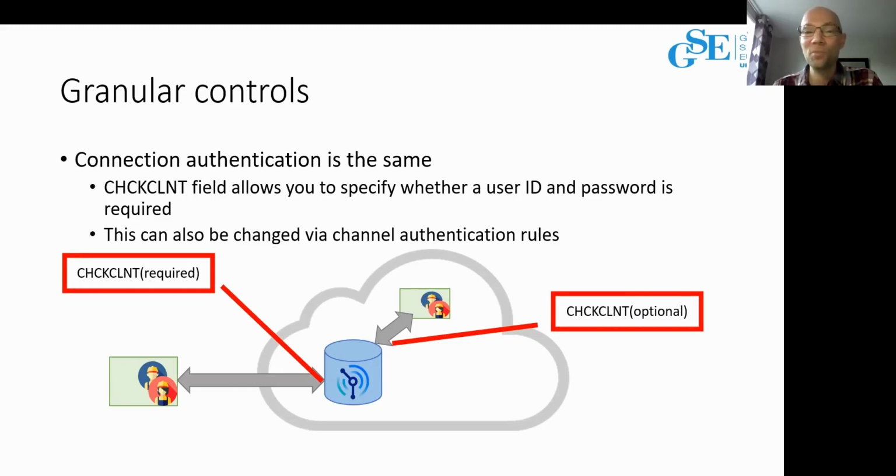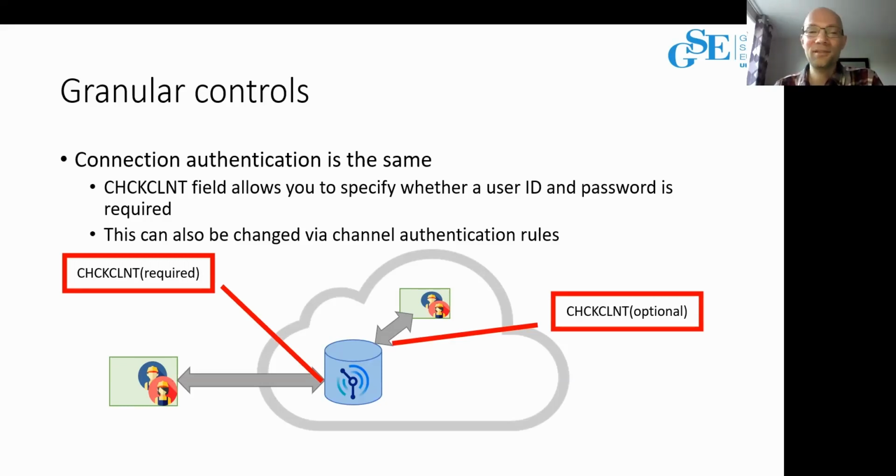So it can be optional or it can be required, and you're able to set in the channel authentication configuration one value for the entire queue manager, but you can override that to be more strict using channel authentication rules. So that's how you can have granular controls for your connection authentication. That's whether a user ID and a password from the application is required or not for connections into a specific channel.